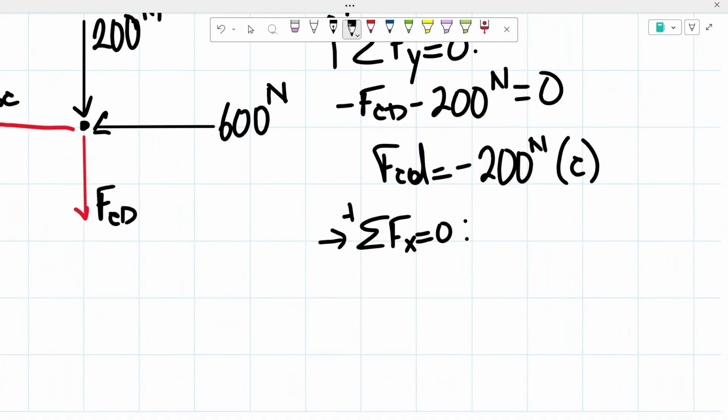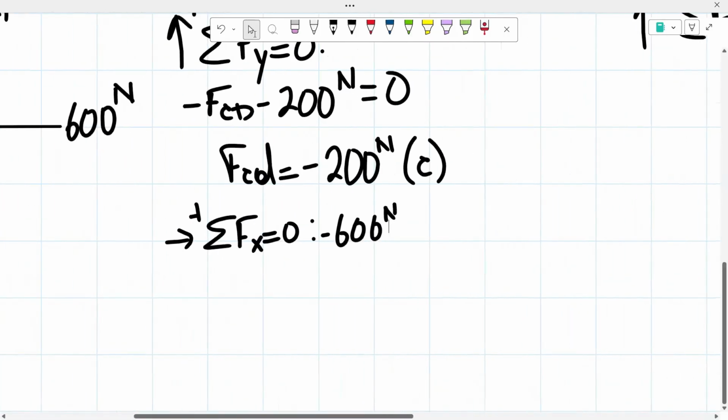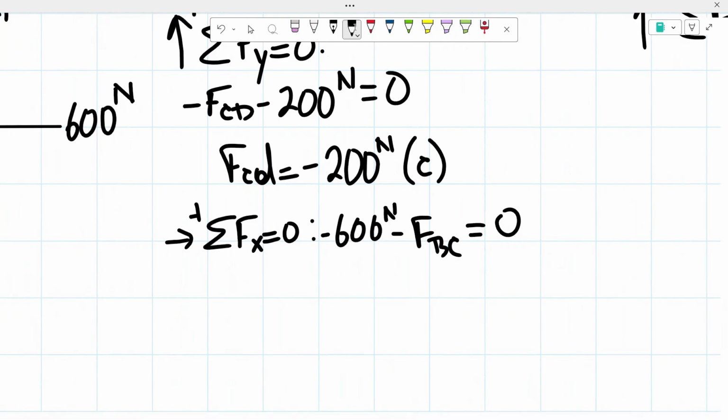We have negative 600 newtons. We assumed also that our force BC would be in tension, so negative force BC is equal to 0. We end up getting that force BC is equal to negative 600 newtons.